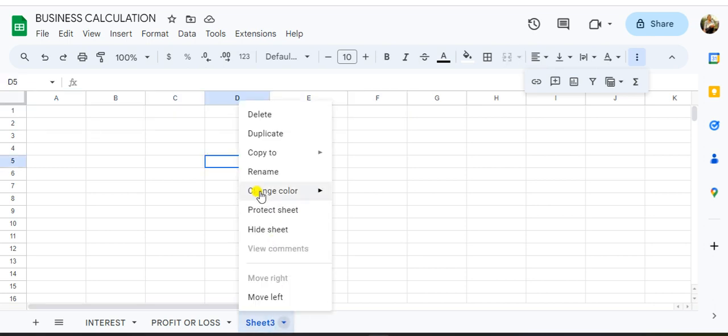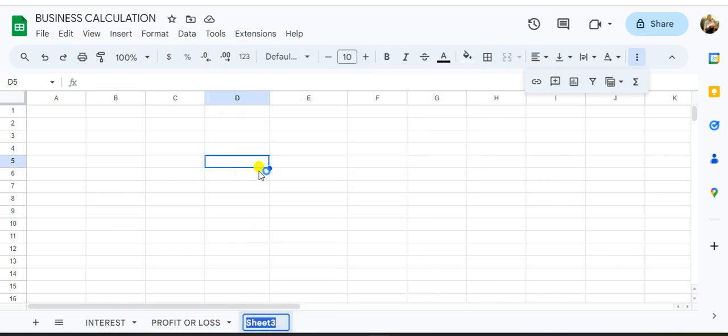Okay, let's rename our sheet 3. Calculating staff salary. All right, so let's say the month we employ the person. Let's say we employ the person in October.